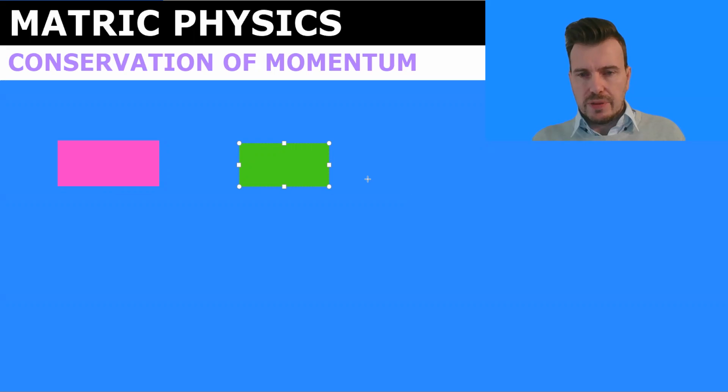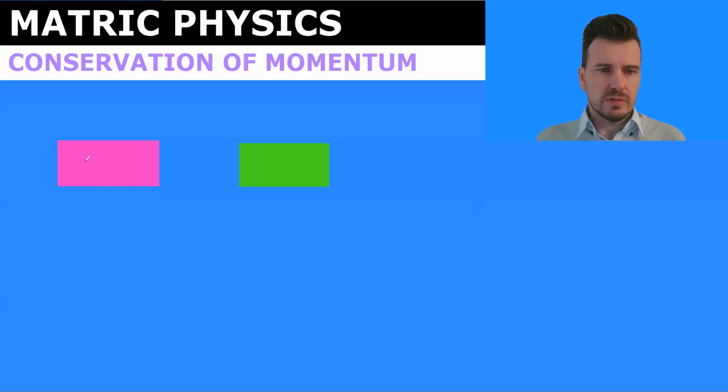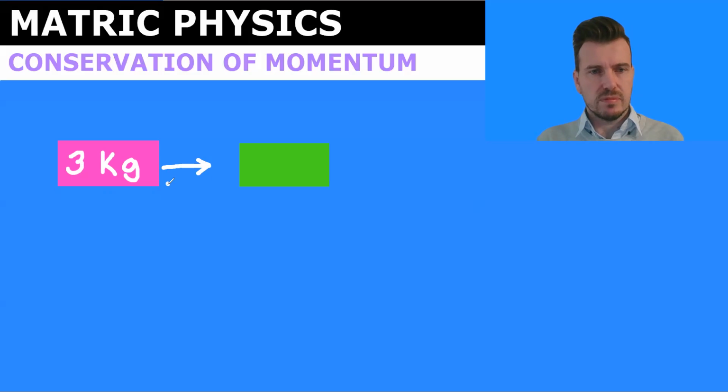Okay, and they'll give each object a mass. So let's see. So we'll give this object a mass of 3 kilograms, and let's give it a direction like that. And let's say it's going 3 meters per second.